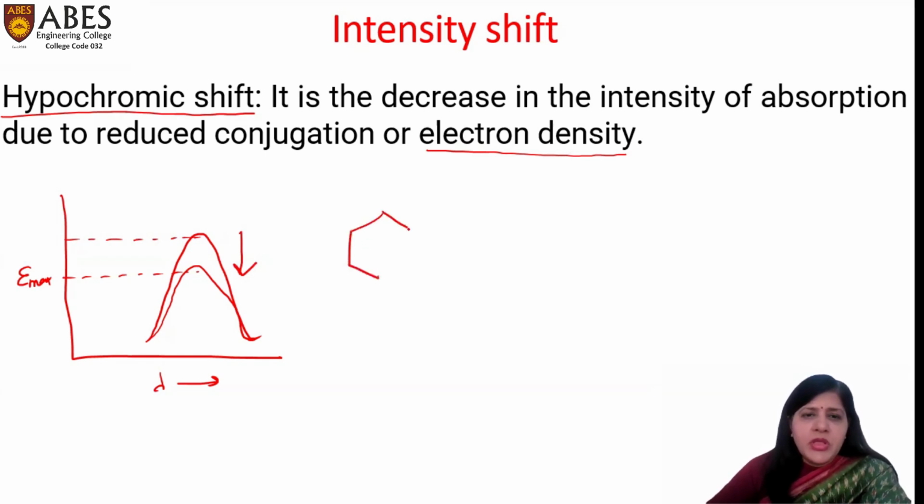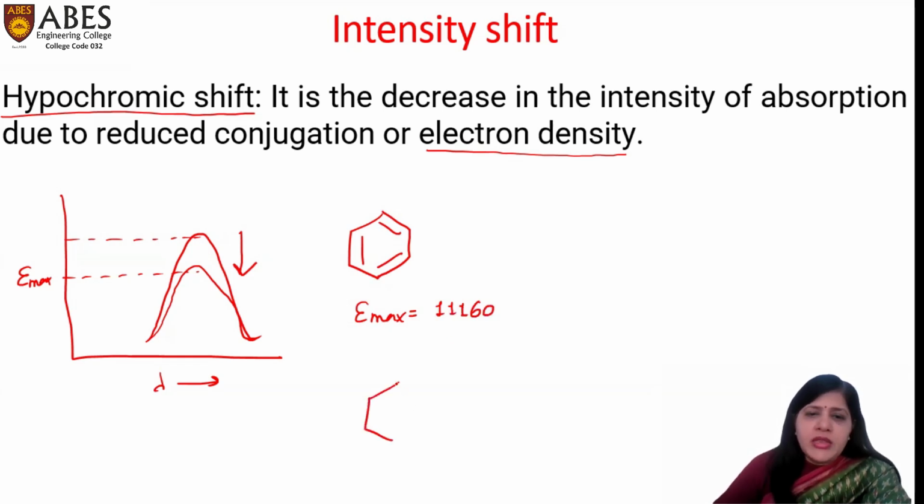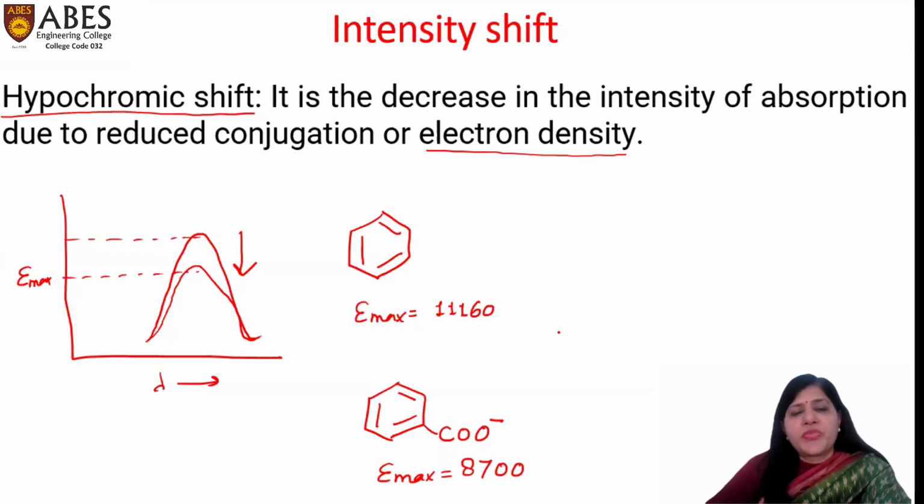For example, in case of benzene, the intensity of absorption is 11160, and in case of the benzoate ion, the intensity of absorption is 8700.